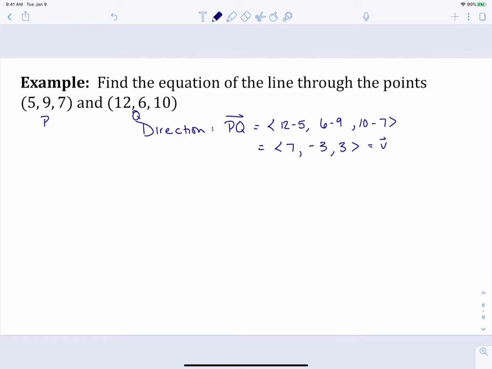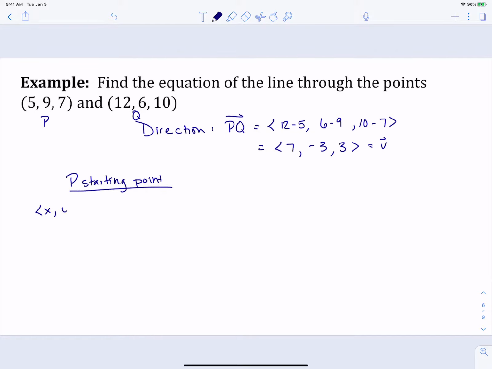That's helpful. Now, for our point on the line that we're going to use to get our vector and parametric equations, it doesn't matter if we use P or Q. It's going to look a little different if we use Q versus P. Because the point that we pick to make our equation of the line is sort of our starting point, and then we go in the direction from that starting point. So that starting point is going to make things look different, but whether we use P as the starting point or Q, we get to the same points on our line.